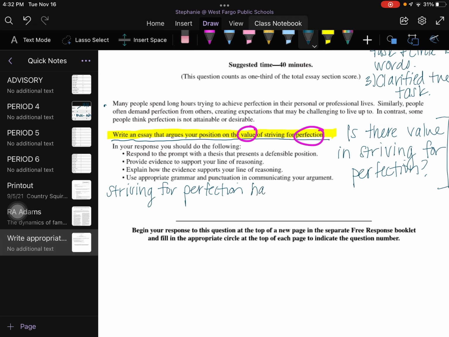So I'm going to say has great value, but should never hinder, is that the word I want? Reach a point where it's harmful.